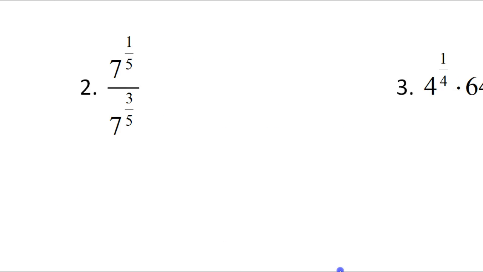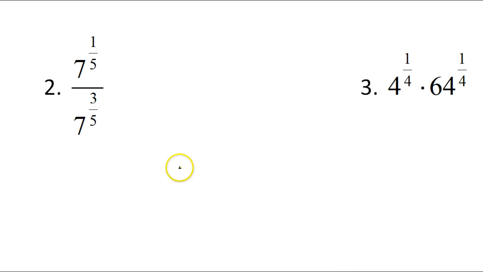All right, let's look at problem number 2. We learned, for example, if we had x to the 10th power divided by x to the 2nd power, what would this be?